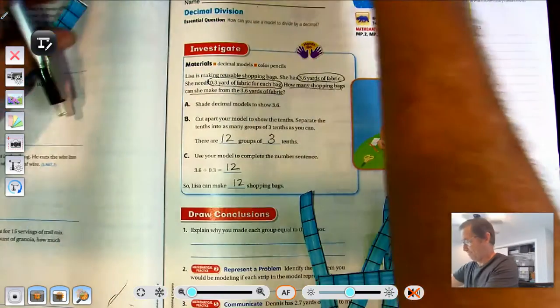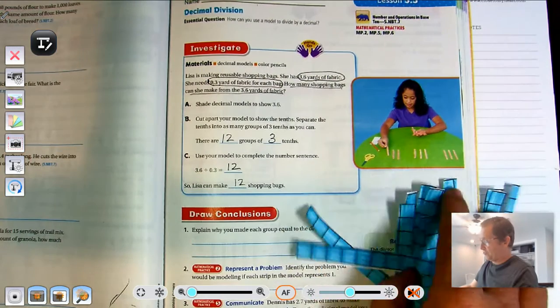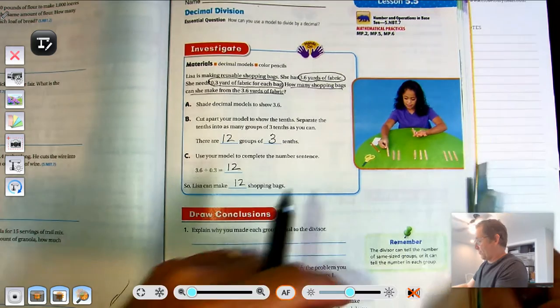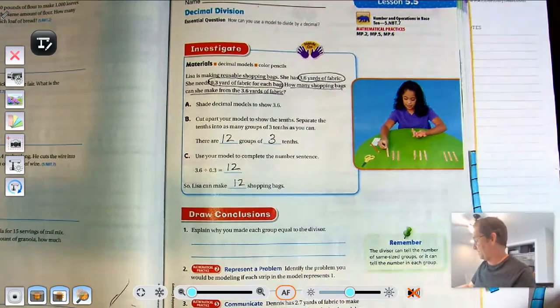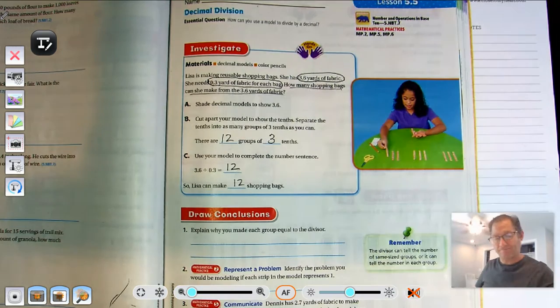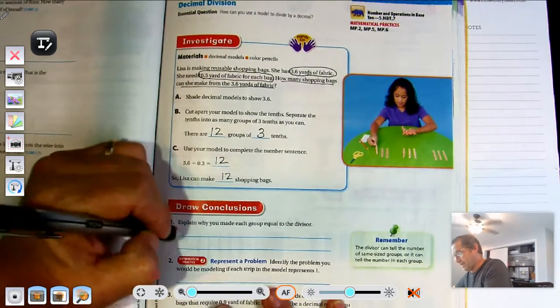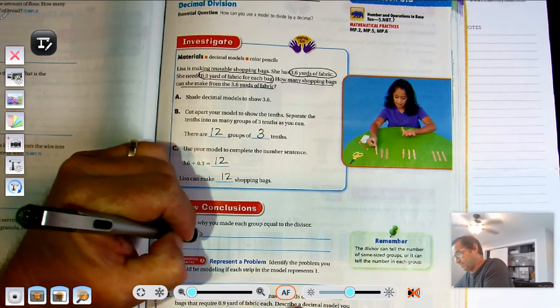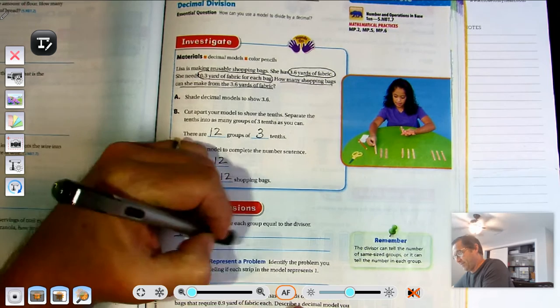Okay, number 1. Explain why you made each group equal to the divisor. Why did we put 3/10 in every group? Because I needed to find the number of groups of 3/10 in 3 and 6 tenths.